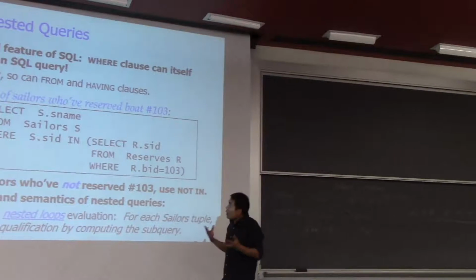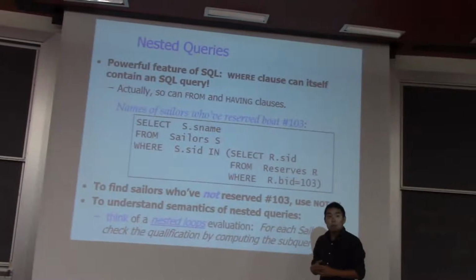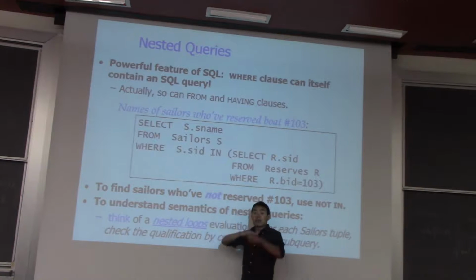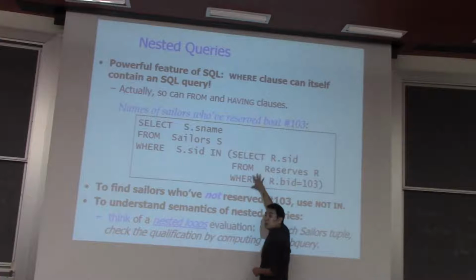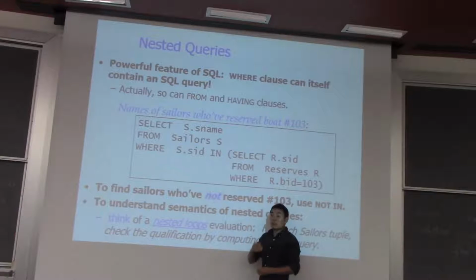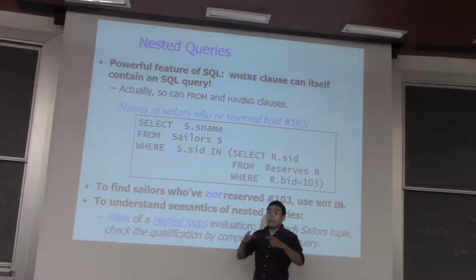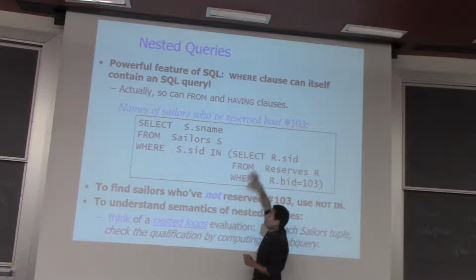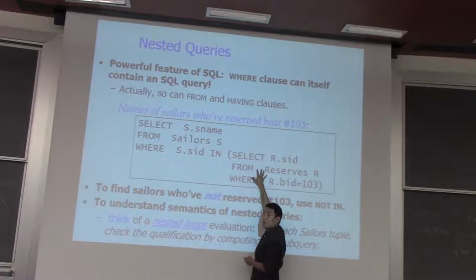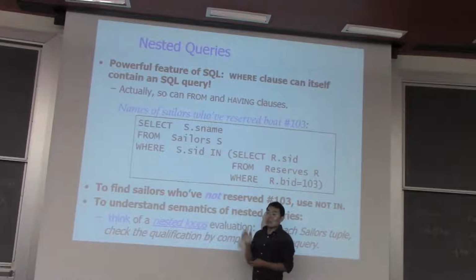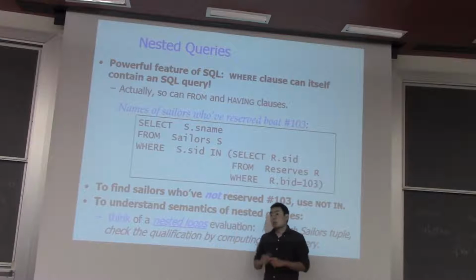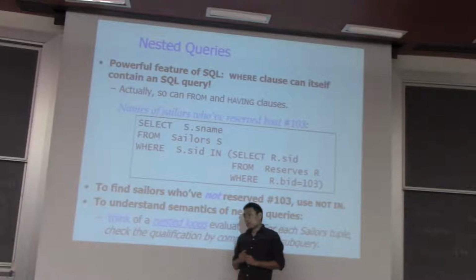If the query optimizer does a really bad job, then for each sailor, while you iterate through the sailors in the outer block, this will be executed over and over again for every single sailor, even though by inspecting this we realize that it is actually a constant, and you should execute it once for all the sailors. But since you are doing this independently, there's no way for you to realize that.